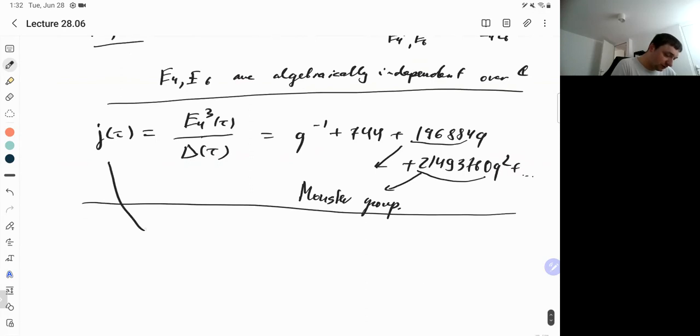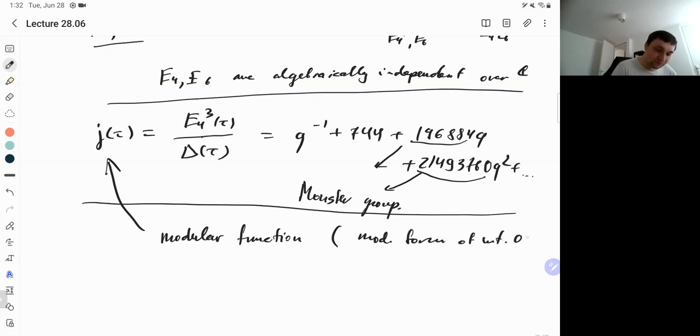And this is an example of a modular function, which I haven't quite properly defined. So it's just a modular form of weight 0, but we allow negative powers of q in the q expansion, because otherwise there would not be an interesting example of such things.